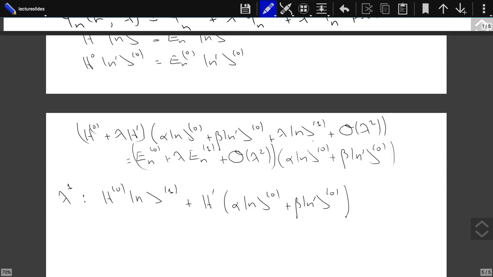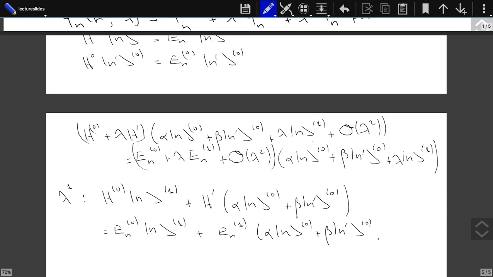Now, on the right-hand side, we have En0 and 1 plus En1 alpha N0 plus beta N prime 0.